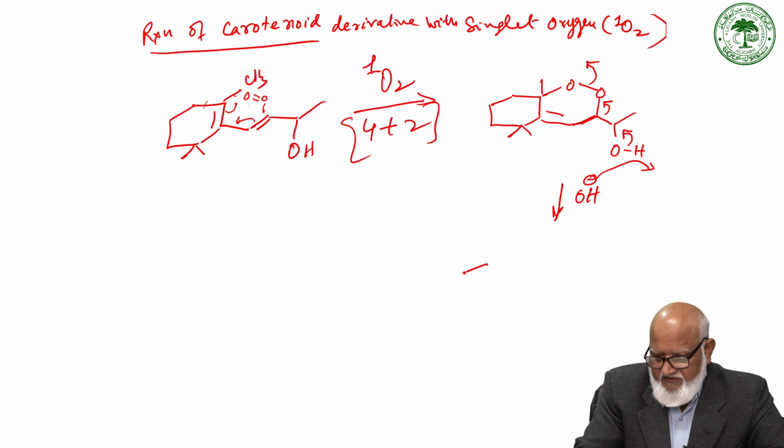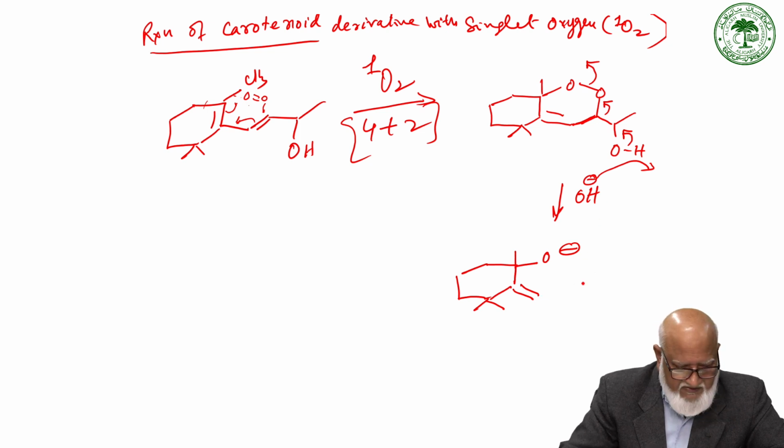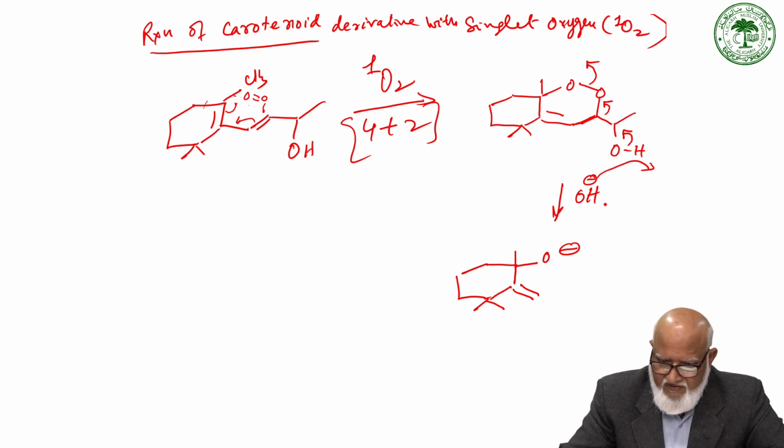Let us write the intermediate which is formed. This is O minus, the methyl group, a double bond here, and then we have this double bond.